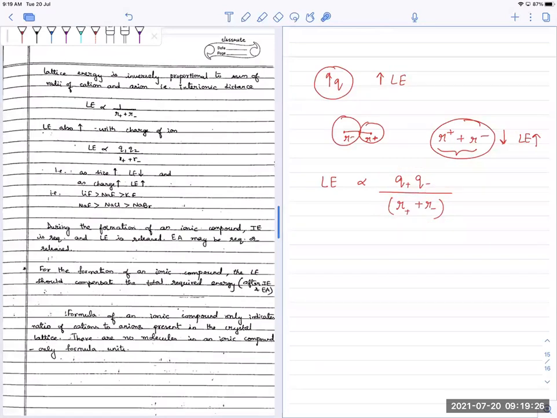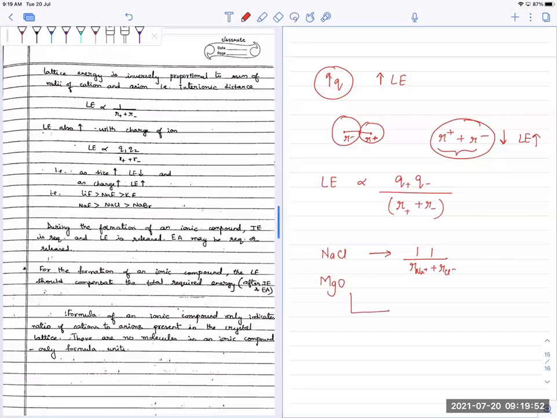So when you go from NaCl to magnesium oxide: in NaCl, the charge is 1 positive, 1 negative. Please mind that this is only the magnitude of charge, okay? So 1 positive, 1 negative, divided by the distance, the size of sodium plus the size of chloride.